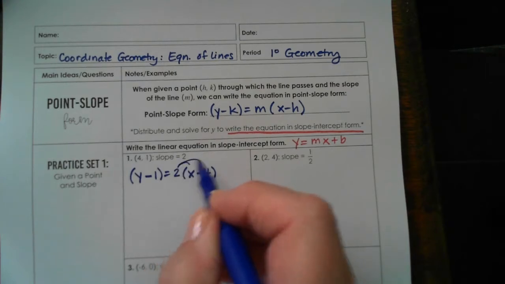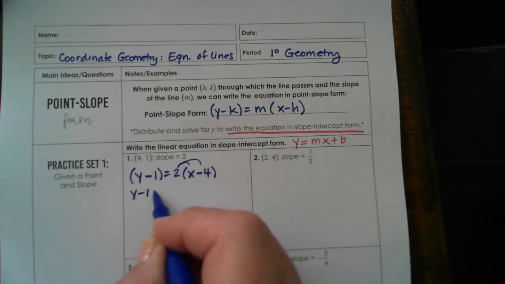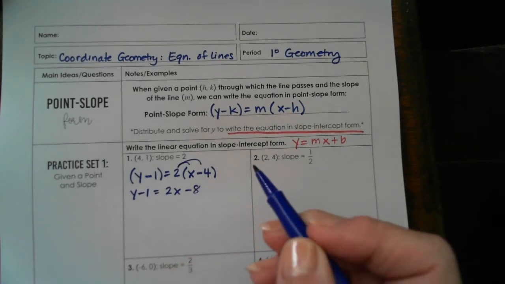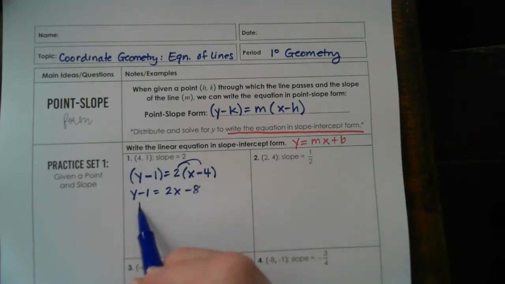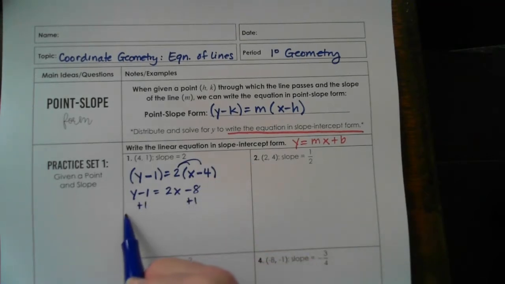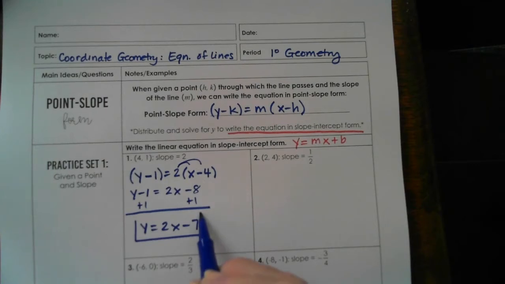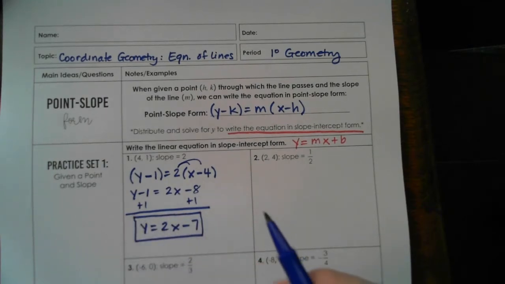We distribute the 2, so we have y minus 1 equals 2x minus 8. Now we add 1 to both sides to finish solving for y, and we end up with y equals 2x minus 7. And so here it is in slope-intercept form.